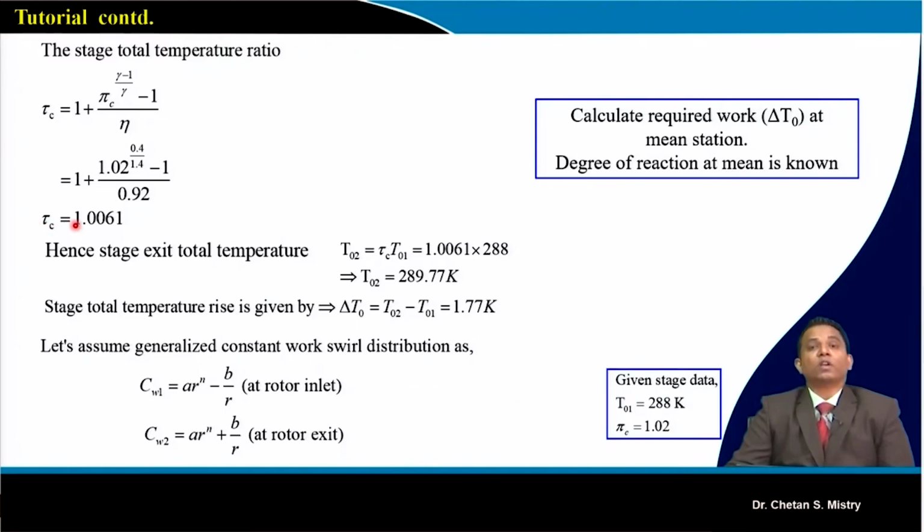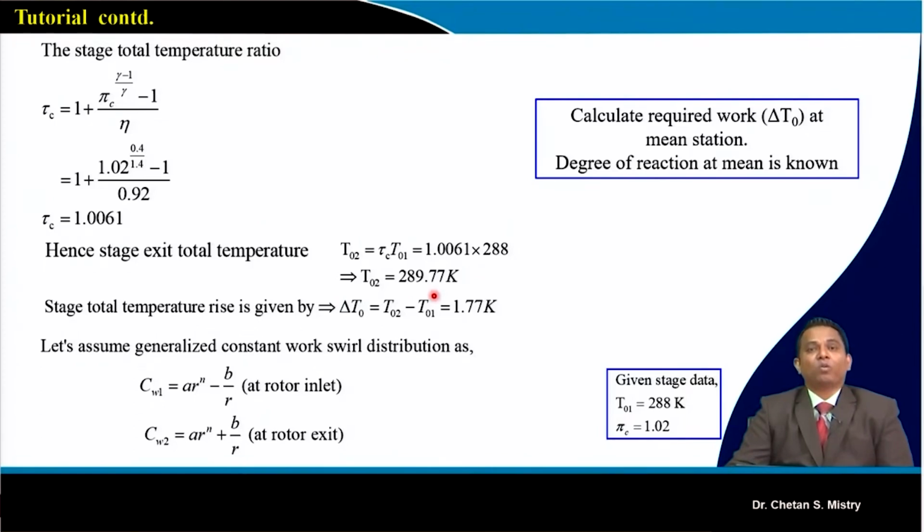Since this is a low speed compressor, the pressure ratio is also low, it is 1.02, which gives a temperature ratio in this range. We know our entry temperature, so based on the temperature ratio, we can calculate the outlet temperature. Once the outlet temperature is known, we can calculate the total temperature rise in the stage, which we write as delta T0. It is 1.77 Kelvin.